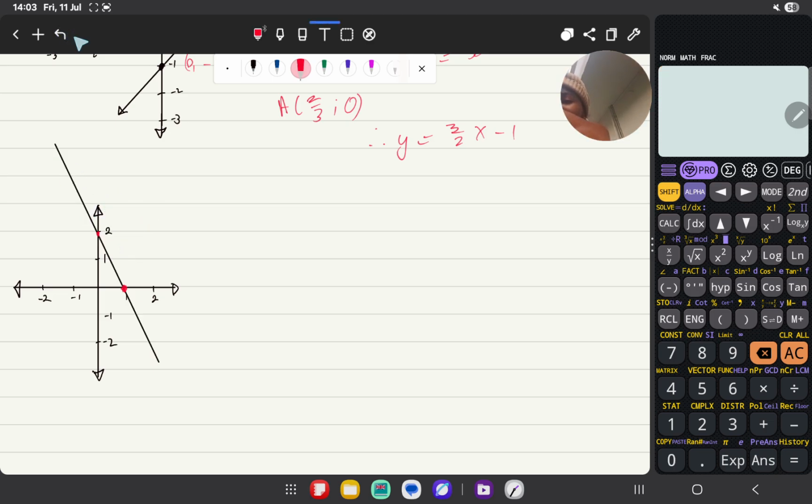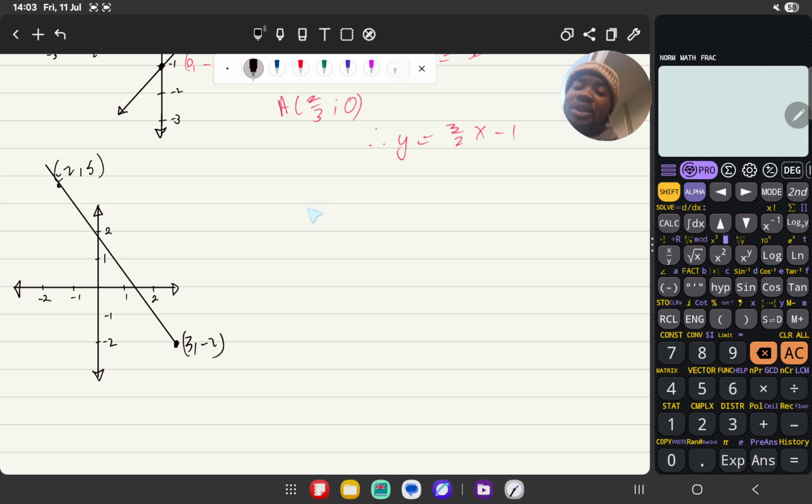I'll make it more interesting and say, here we have a point which is (3, -2), and then here I have (-2, 5), right? That's my coordinate over there.